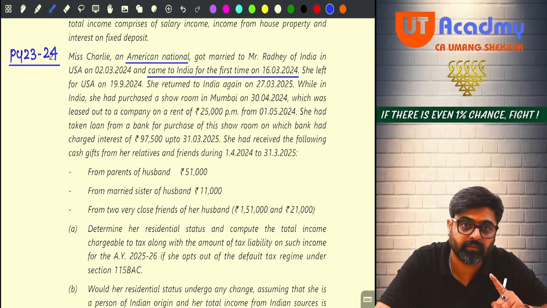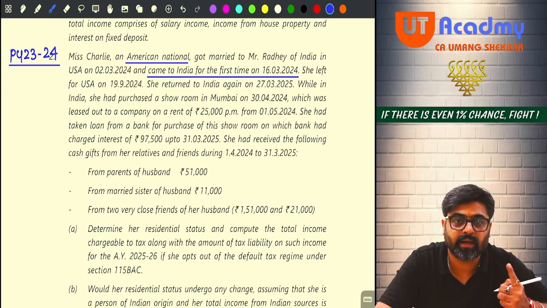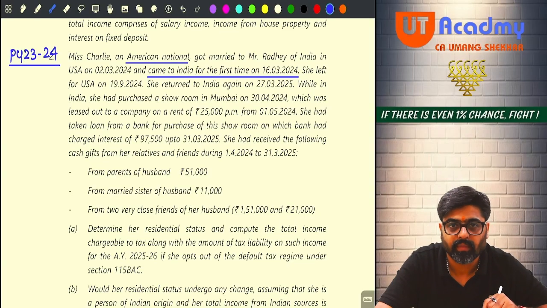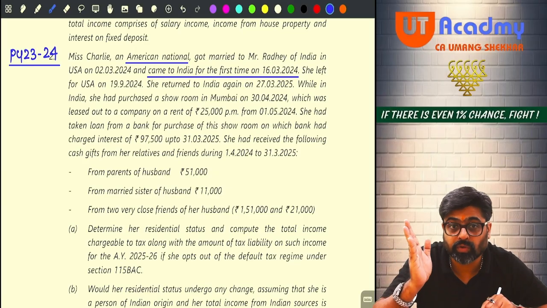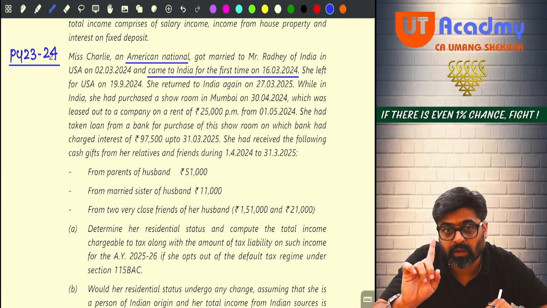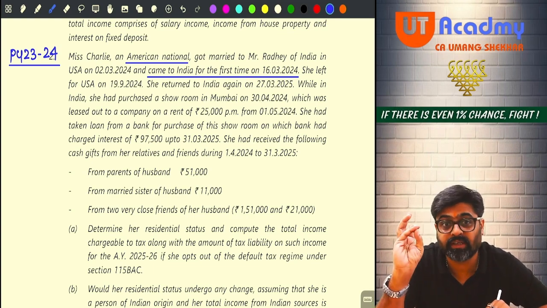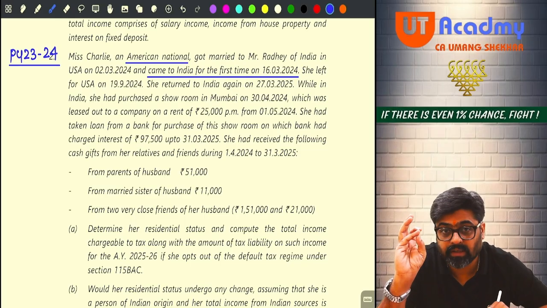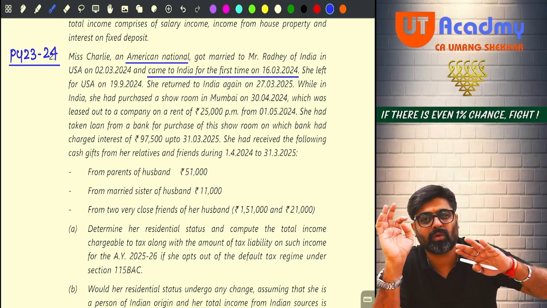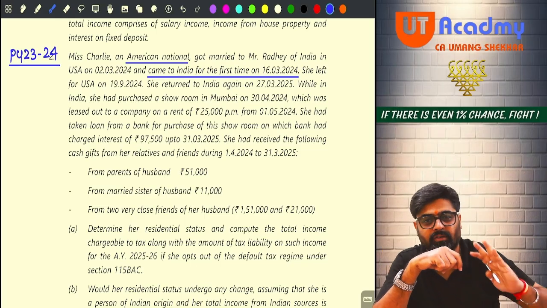This is the year in which she is putting her steps in India for the first time. On what date? 16th March. So can I say 16th March to 31st March 2024? Last year, 16 days she will be in India. Count from 16, 17, 18. So out of 31, remove 15 days.